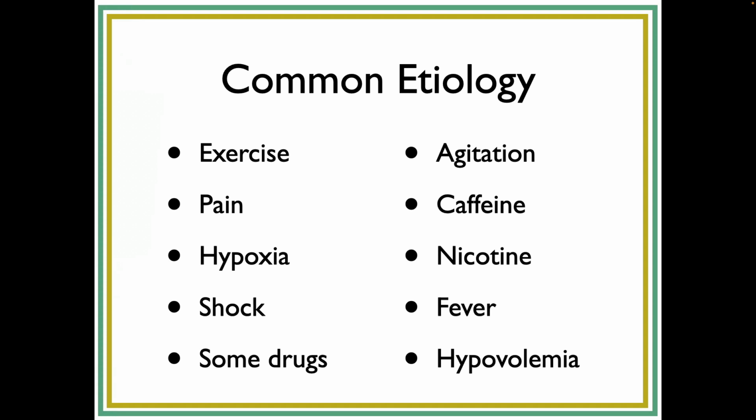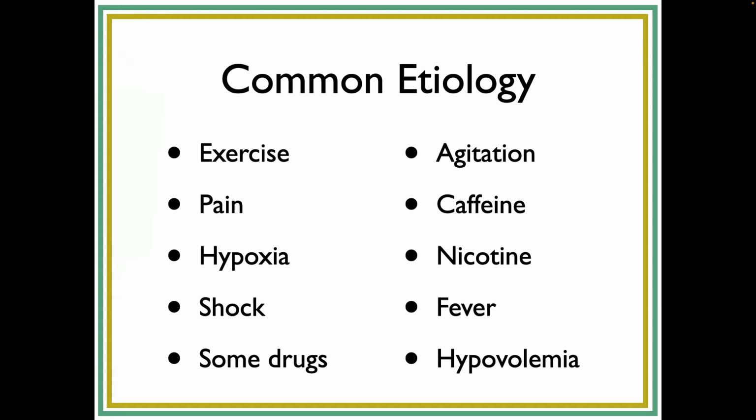Now, I have this slide here for a reason. If you have a patient and they are in sinus tach, you walk in and they haven't just stopped running, but they're sitting there, and they're in sinus tachycardia, you've been handed a clue. You should never have a patient in sinus tachycardia without thinking, why is this person in sinus tach?